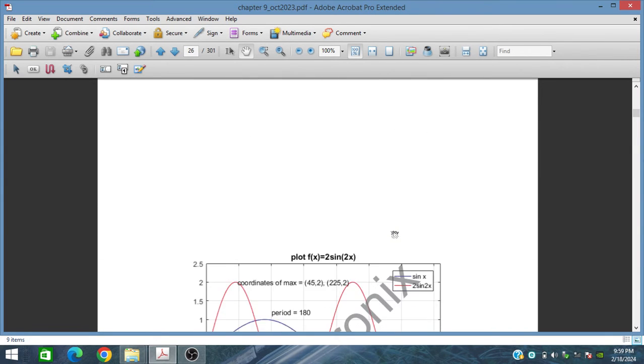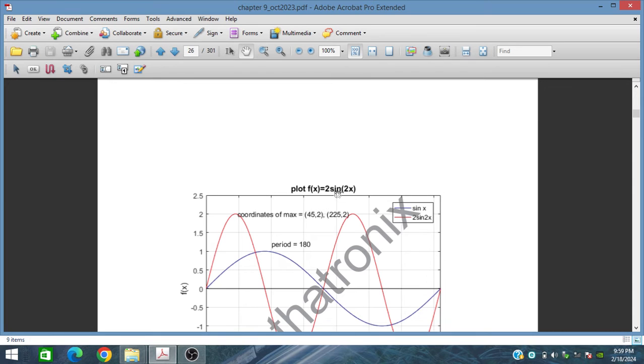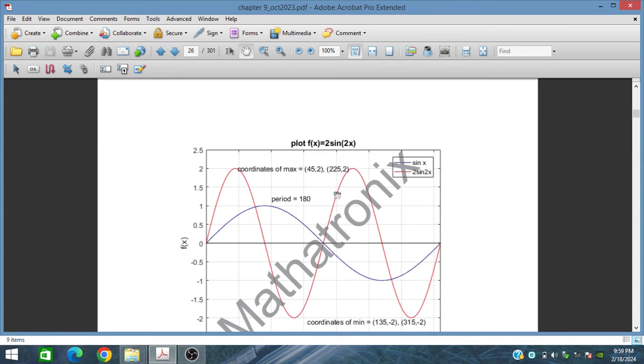Now in part B we have to plot 2 sine 2x. This blue curve is simply sine x. If we multiply it by 2, it becomes like this. The maximum magnitude is 2 at 90 degrees.